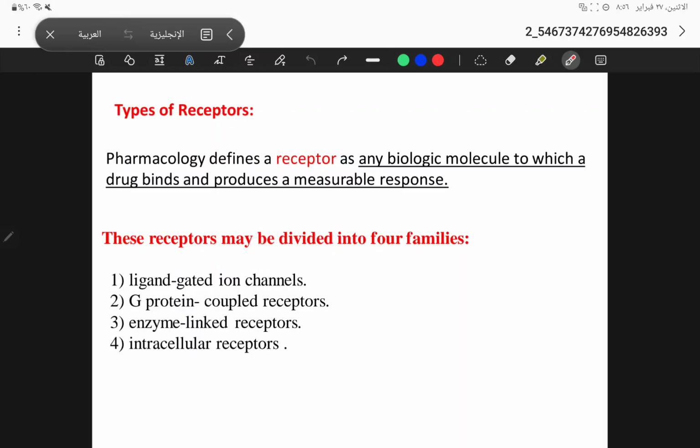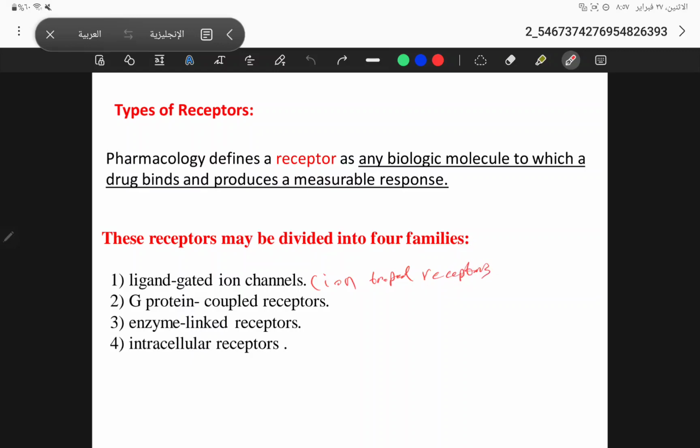So I have 4 families of receptors. The first one is called ligand-gated ion channels, or, between 2 brackets, ionotropic receptors. Don't stare at me, write it down. If I give you text, write it. Make sure you write it.